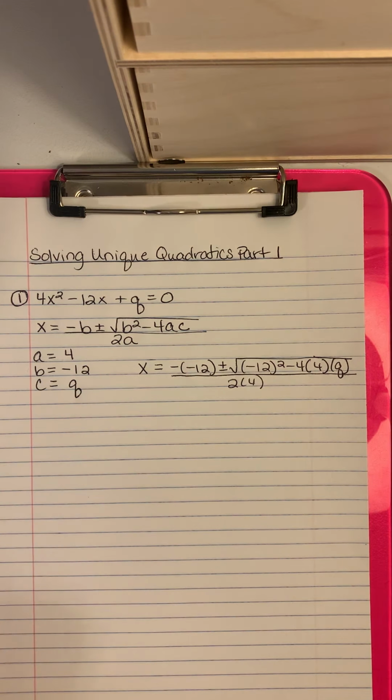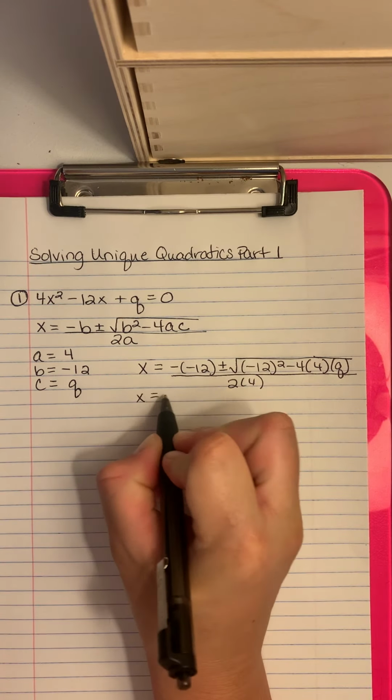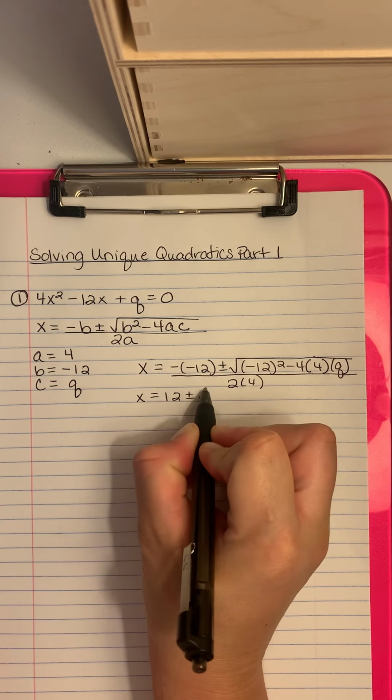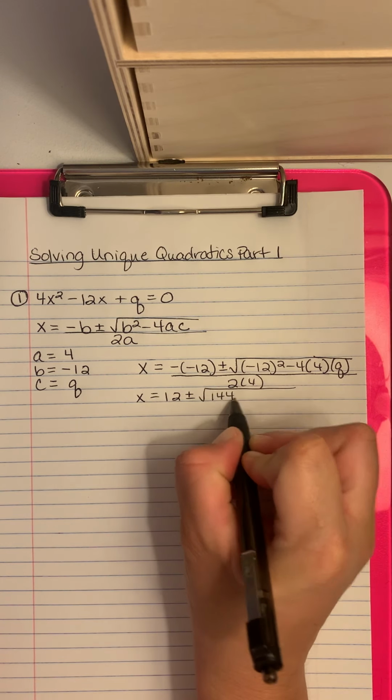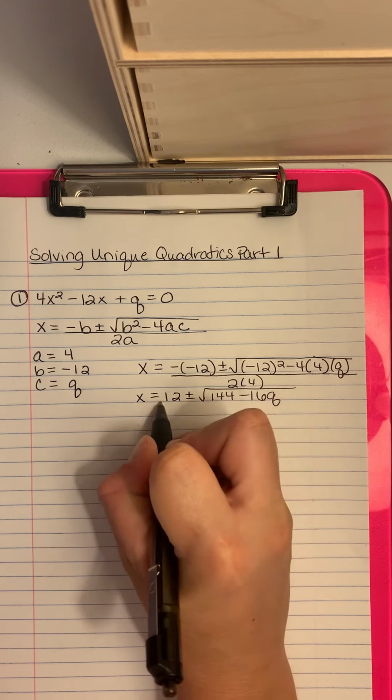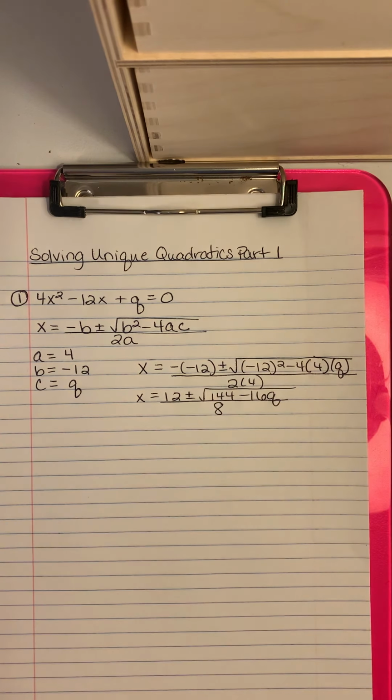Okay, there, I filled it out. Now I'm going to follow some order of operations, and I'm just going to simplify this. So I have 12 plus or minus the square root of 144 minus 16q all over 8.